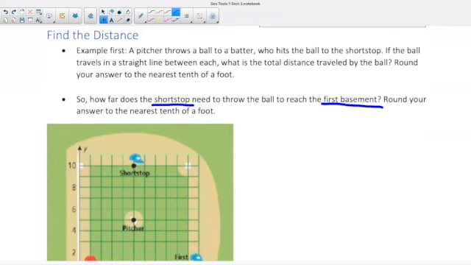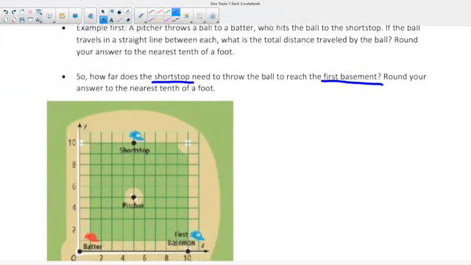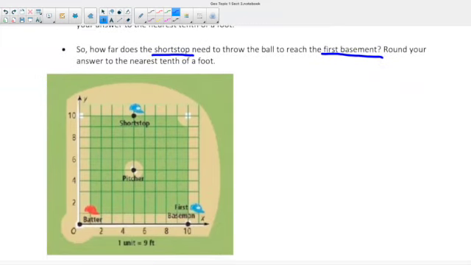Let's look at this picture. Where is the shortstop and where is the first baseman? Okay, so the shortstop is right here, and the first baseman is right here. And we want to know how far he has to throw.